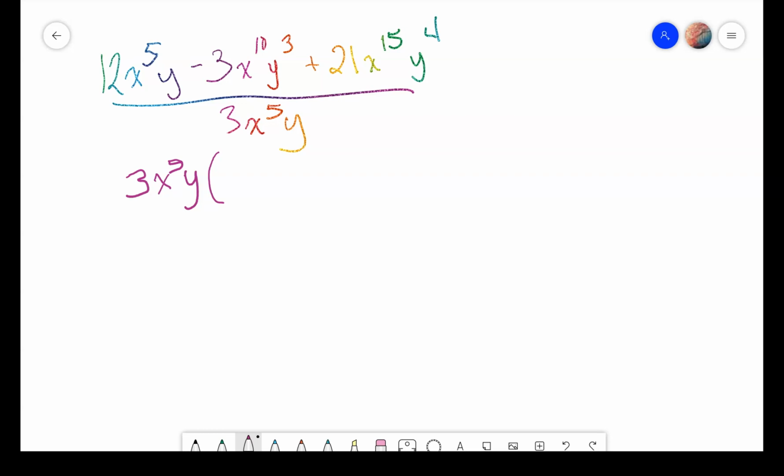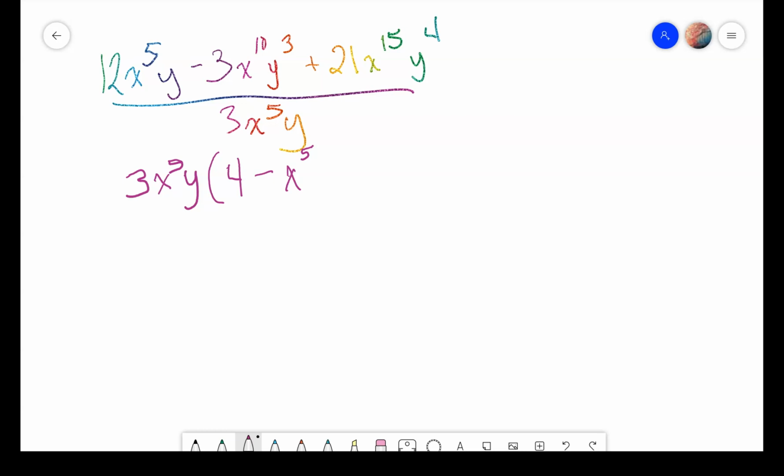And that leaves me with 3 goes into 12 4 times. The x and x is 1, y and y is 1, so that's done with that one. 3 and 3 is 1, x to the 5th and x to the 10th gives me x to the 5th because we're subtracting our exponents.